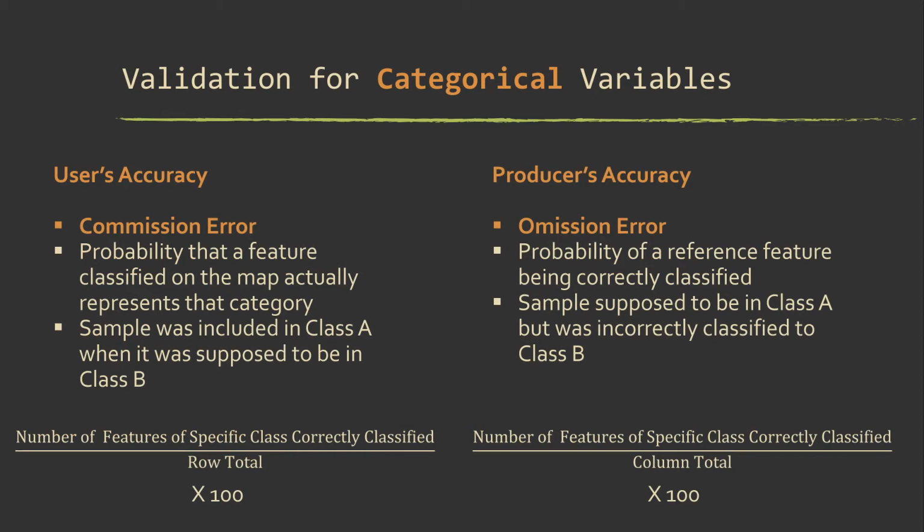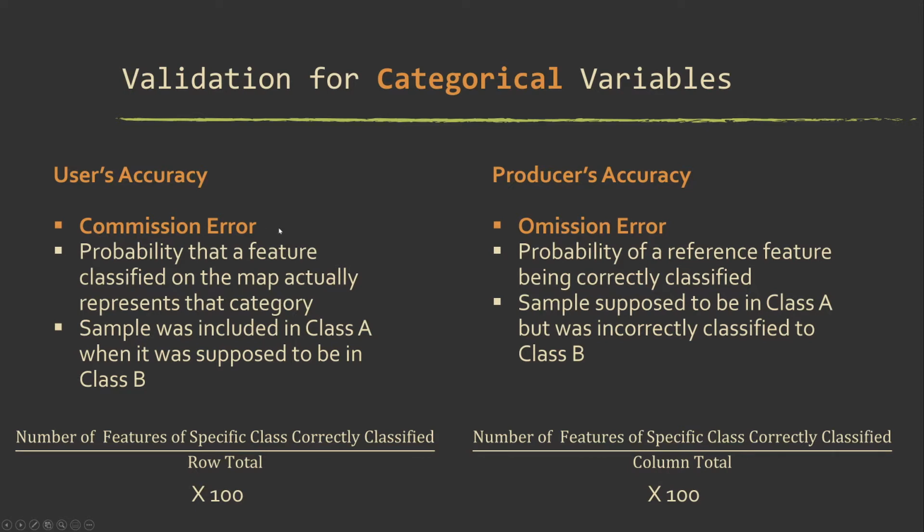Okay, so user's accuracy is a measure of commission error. So that's basically a sample was included in Class A when it was supposed to be in Class B. So for example, we labeled this class as forest when actually it was supposed to be pasture. Statistically, that represents the probability that a feature classified on the map actually represents that category.